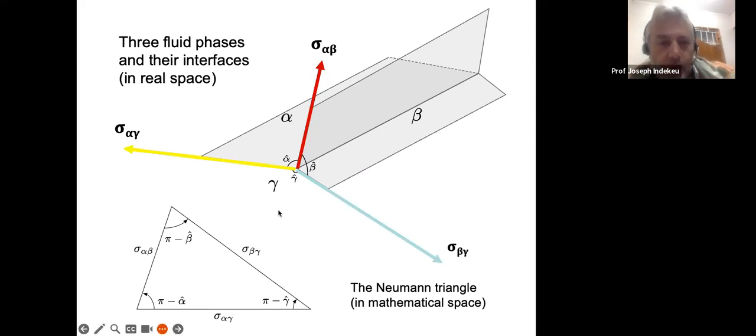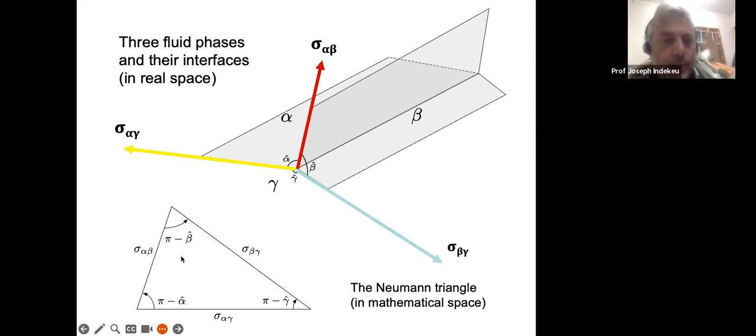Now, there is a triangle that is a triangle in mathematical space, which is called the Neumann triangle. And its sides, the lengths of its sides are proportional to the interfacial tension. So, for example, this side is proportional to the sigma alpha beta, which is the interfacial tension between phases alpha and beta, and so on.